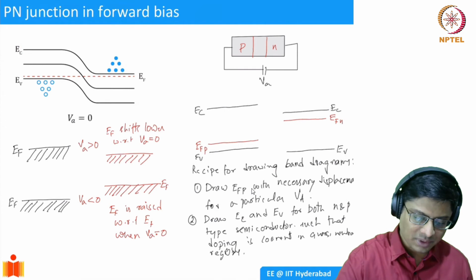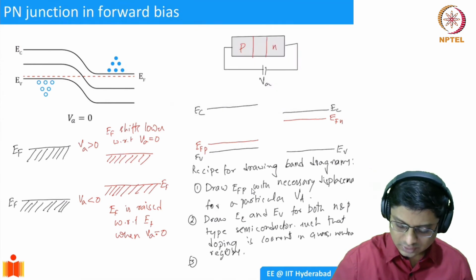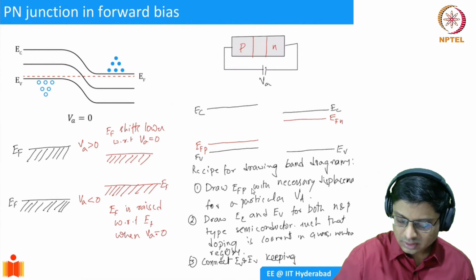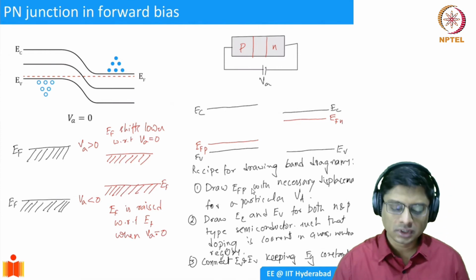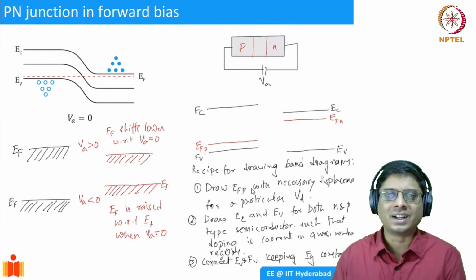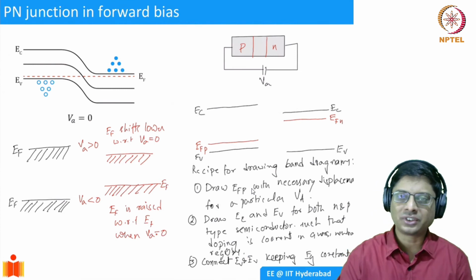So the third step in the recipe was connect EC and EV, keeping EG constant. This is the third step. Okay. So, we know from our understanding of electrostatics that there is a linear electric field, so potential is going to be quadratic.